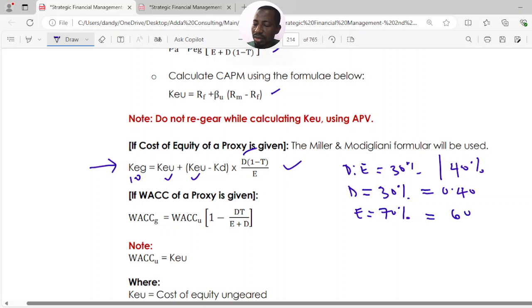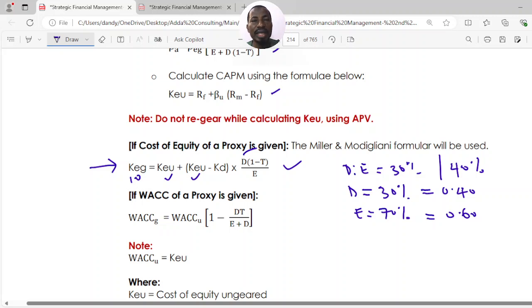So you must know all of this. Of course, we have done this when we had cost of capital. So please, it's still the same thing. All right, so this is the formula you are going to use to calculate your cost of equity ungeared.